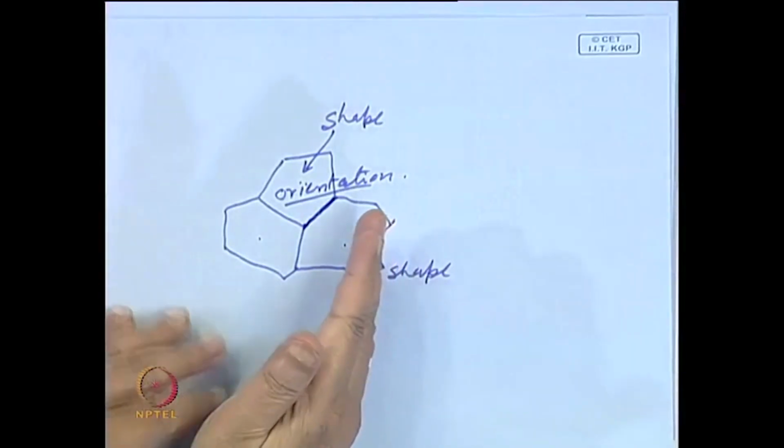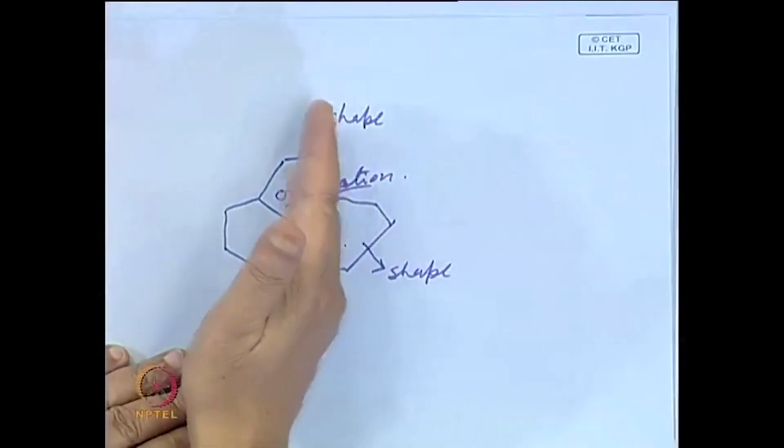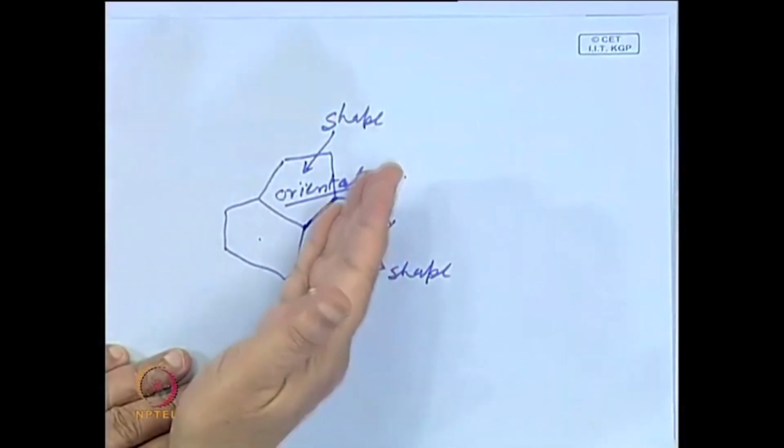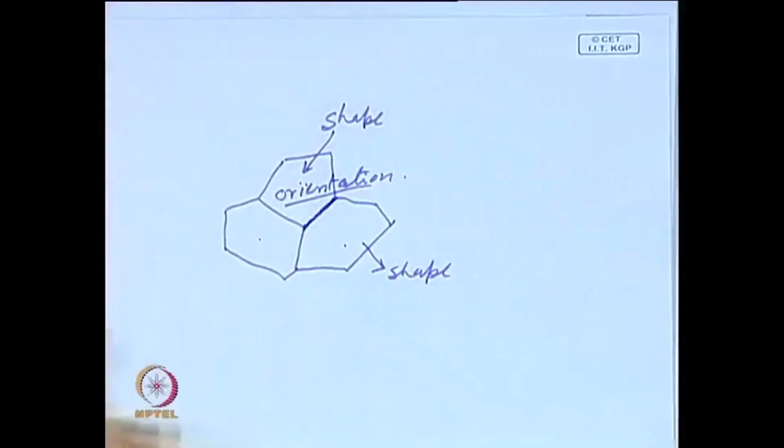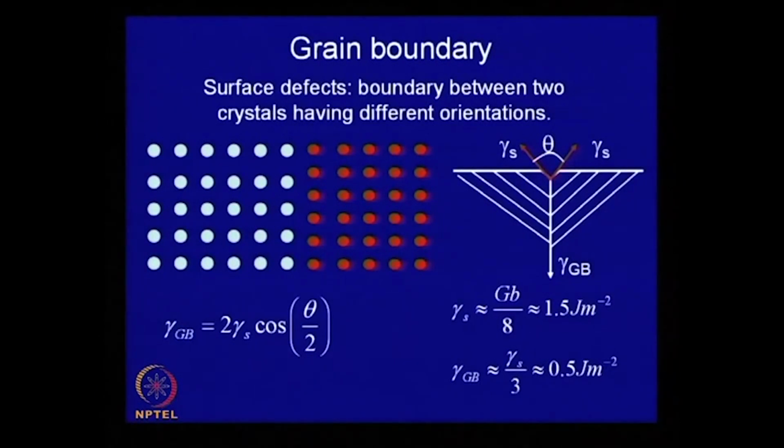If these crystals are randomly oriented, the way the atoms are arranged on this grain boundary will be very difficult to visualize. So in a way, although we see this boundary easily, its structure is extremely difficult to visualize.